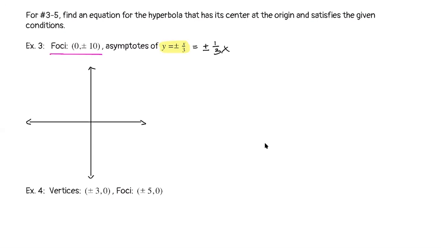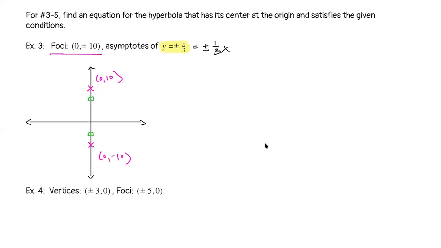So the first thing I'm going to graph on there is the foci. I'm going to put one at (0, 10) and one at (0, -10). So I have one here, this is (0, 10), and one here at (0, -10). Now, if I were to estimate where the vertices are, I know that they have to be somewhere like here and here, right?